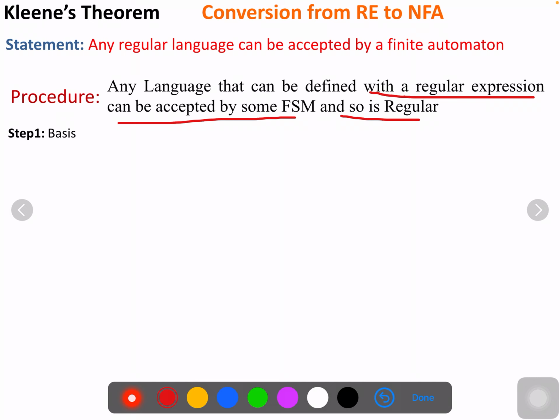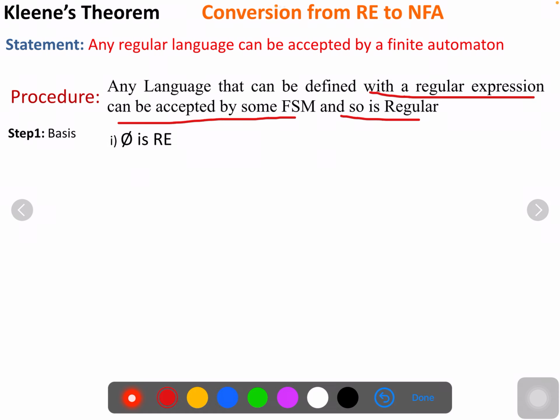There are two types of regular expression. In the first, there are no operators involved, that is the basis. In the second, the regular expression has operators: there are three operators, plus, dot and closure, the Kleene closure, star.